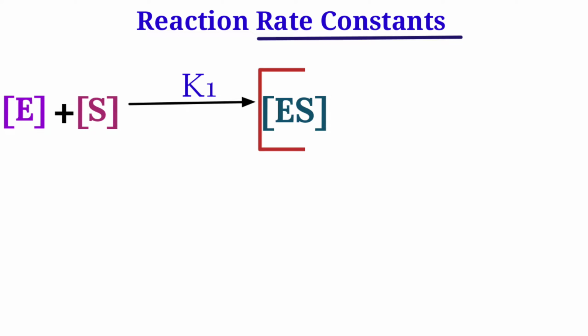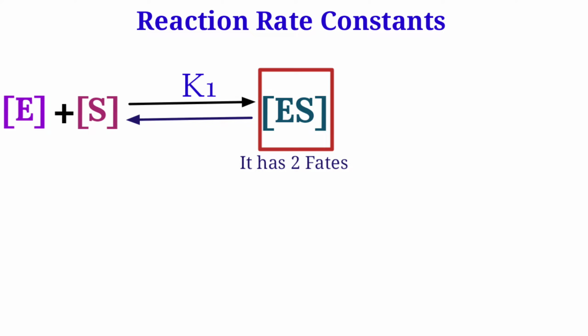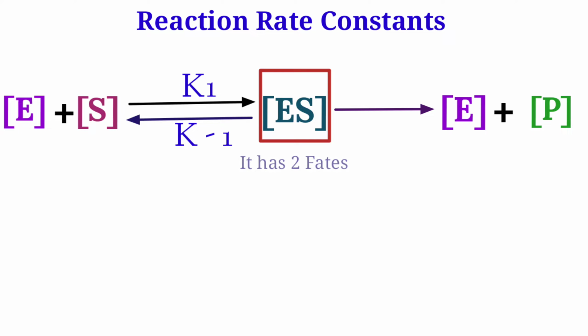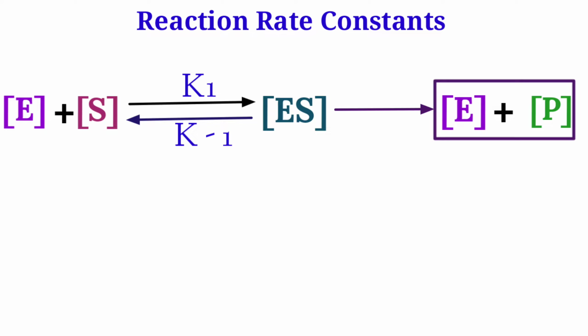Once this enzyme substrate complex forms, it has two fates. Either it will go back into separate enzyme and separate substrate, which is shown by rate constant K-1, or that enzyme substrate complex will result in product formation as enzyme plus product, which is represented by rate constant K2.